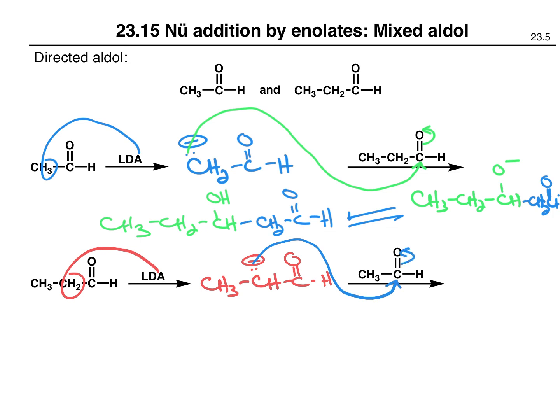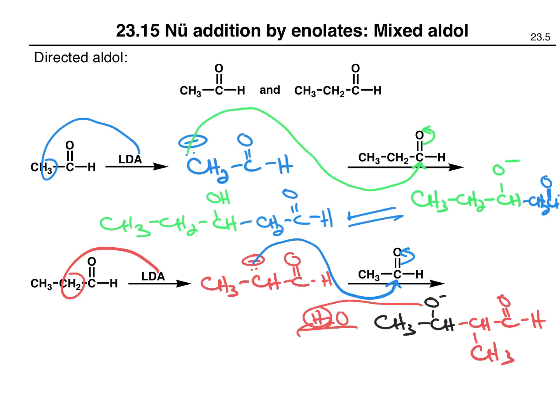And that means that we are going to get this intermediate, and then on aqueous workup, the O- can grab off a proton, and this will be our isolated product.